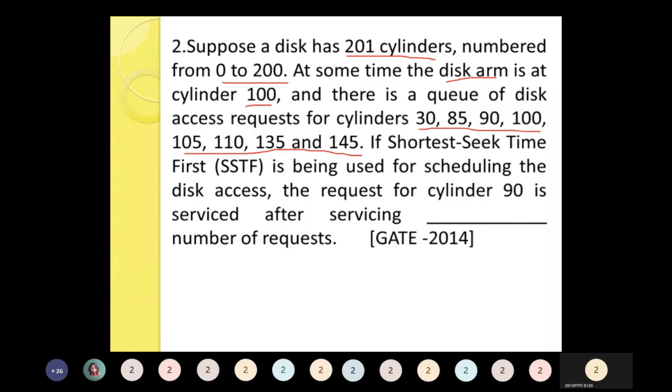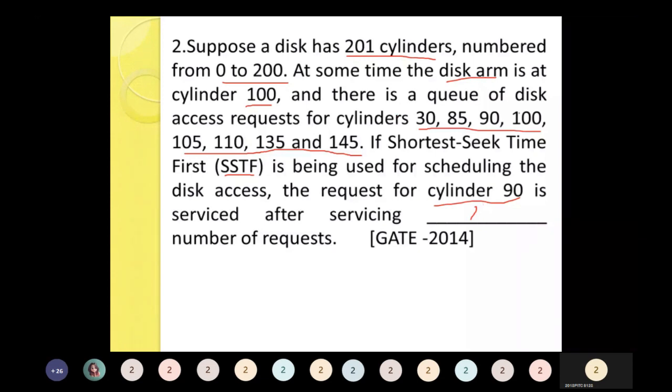If shortest seek time is being used for scheduling the disk access, the request for cylinder 90 is served after servicing how many requests? So the question: we have some requests, the current position is 100, and the scheduling type is SSTF. My question is when cylinder 90 is serviced.